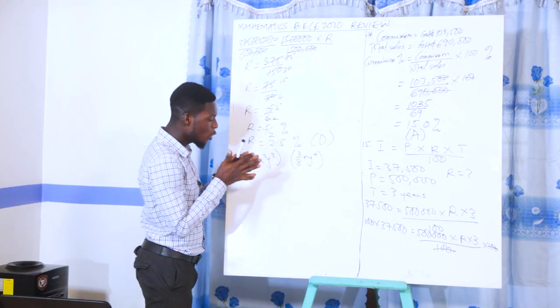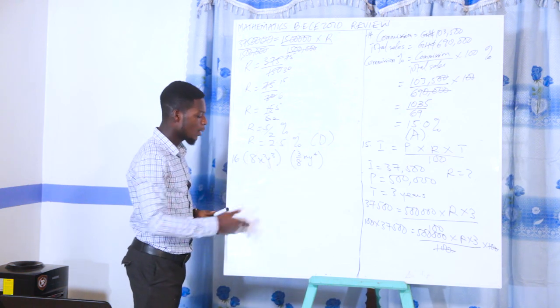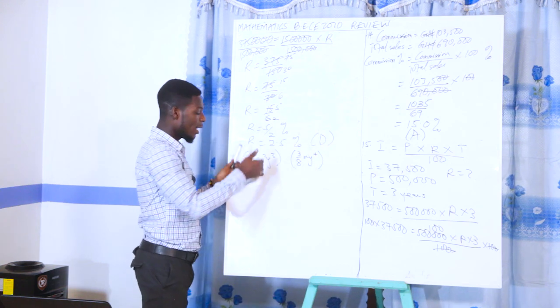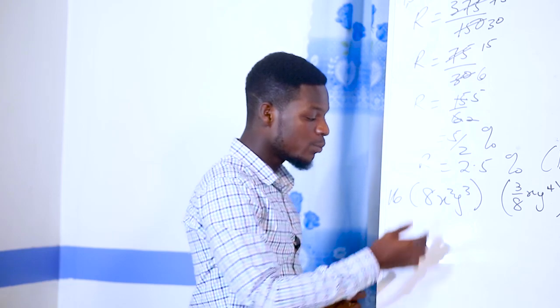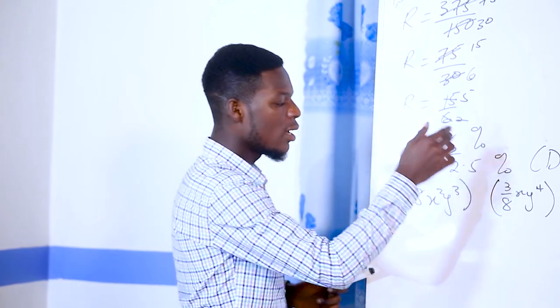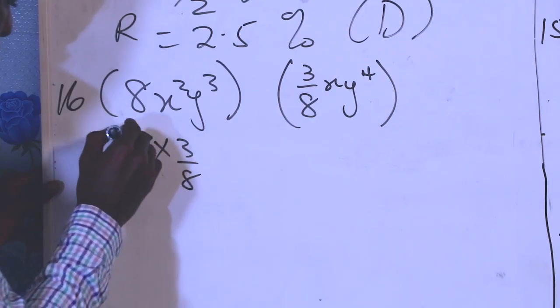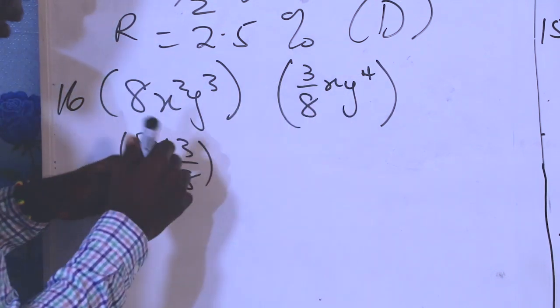All right, so what we are going to do is that the whole number part is going to multiply the whole number part. The x term is going to multiply the x term. The y term is going to multiply the y term. Very simple. So the first thing we have is 8 times 3 over 8. And then we have x squared times x.